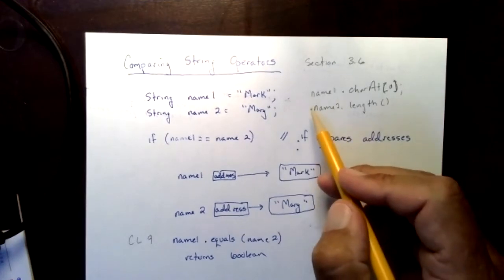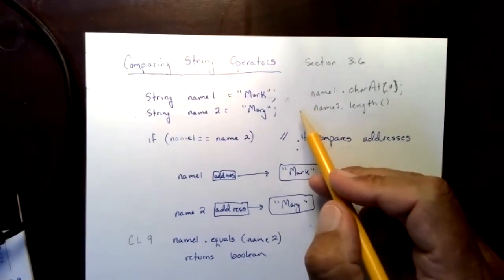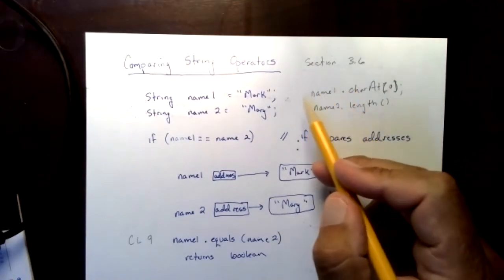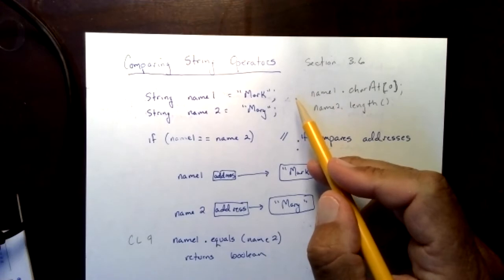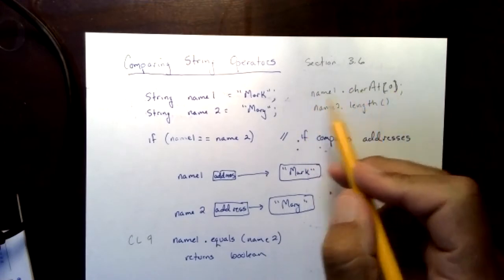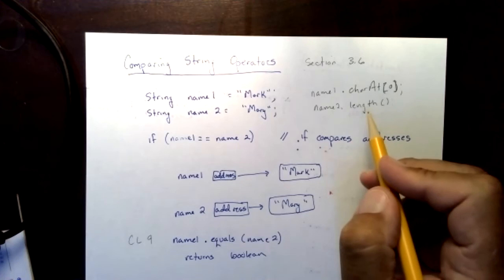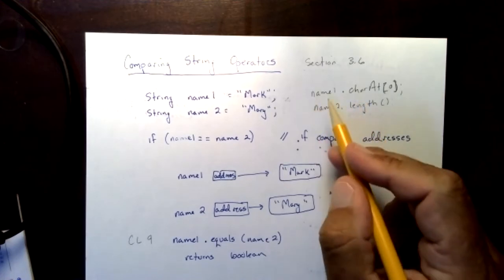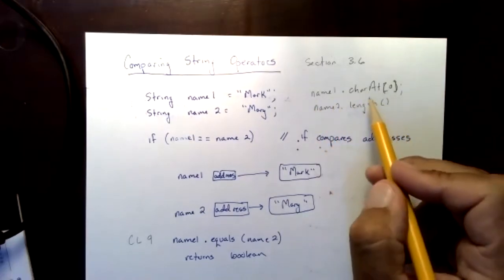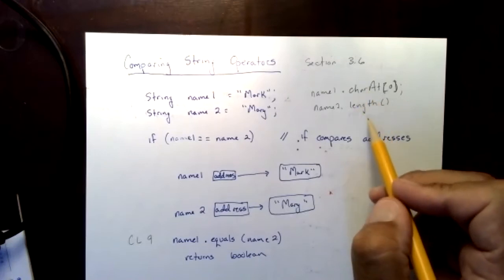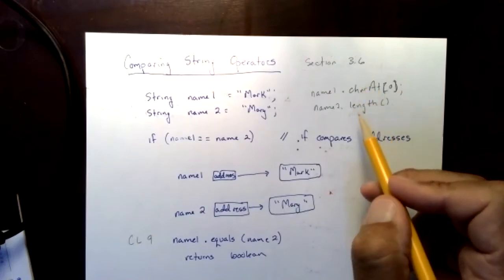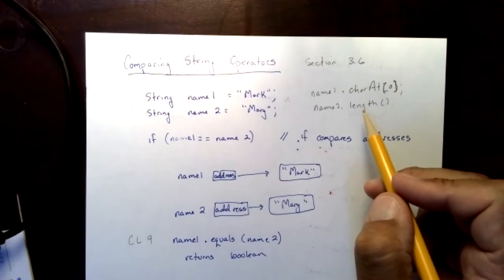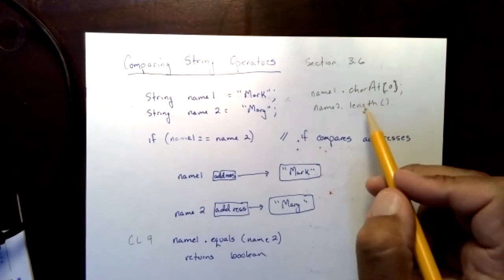And I would have to store this in an integer variable, just like I would be storing the charAt result in a character variable, because that results in a char, a character. This results in an int. So we've done a little bit of work with string and some of the methods. If you're ever curious, you could just Google Java and see what are a lot of these other methods that go along with the string class.